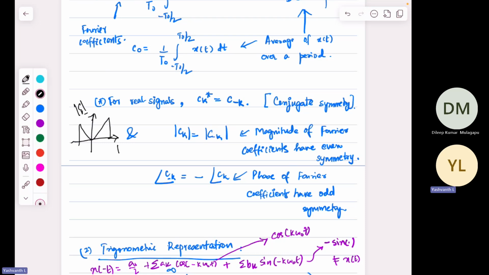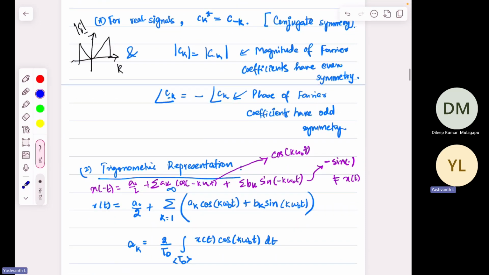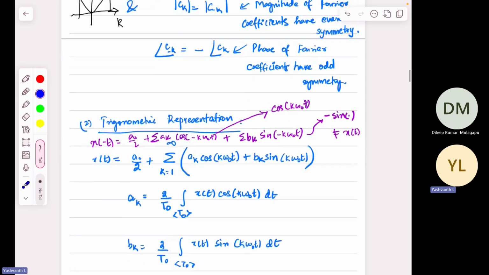This is an example of even symmetry, that is, it is symmetric about the y-axis. But if you look at the phase, the phase will exhibit what is called odd symmetry. That is, the angle of c of minus k will be equal to minus the angle of ck. This is called odd symmetry, and it holds for a real signal. So that was the story for the complex exponential Fourier representation.